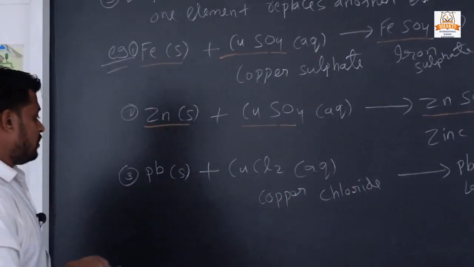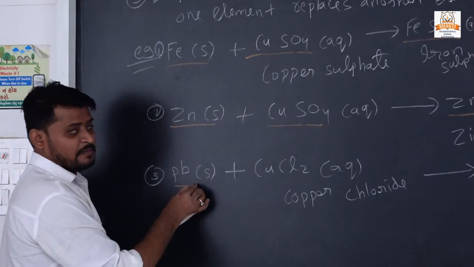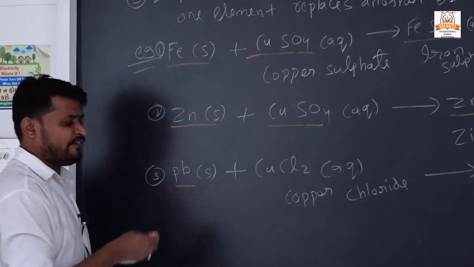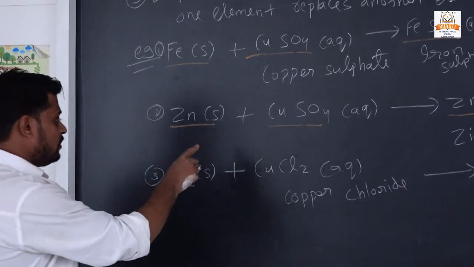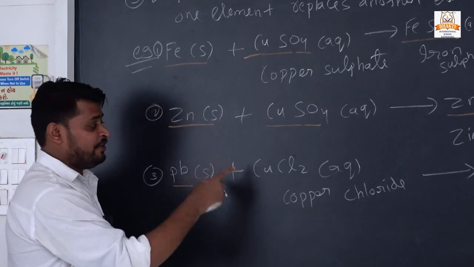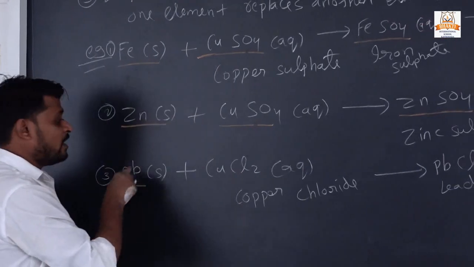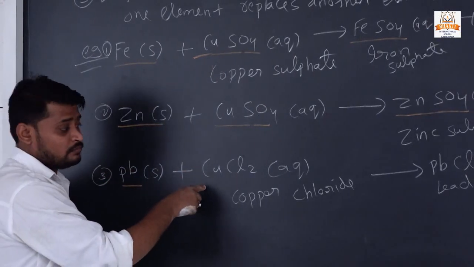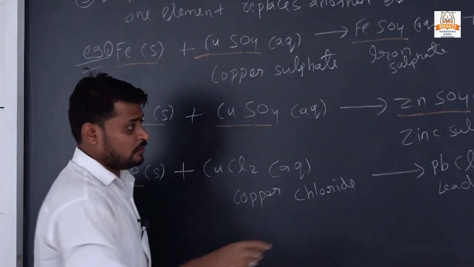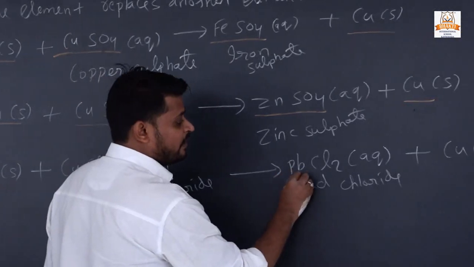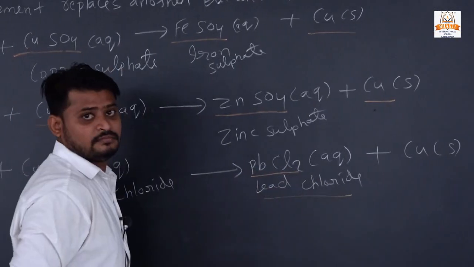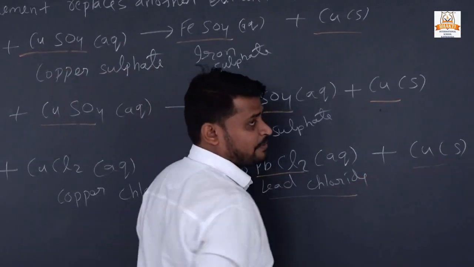Here, lead, Pb means lead, and its scientific name is plumbum. Here lead will react with copper chloride. Lead also replaces copper in its compound, making lead chloride, and again copper will be separated.